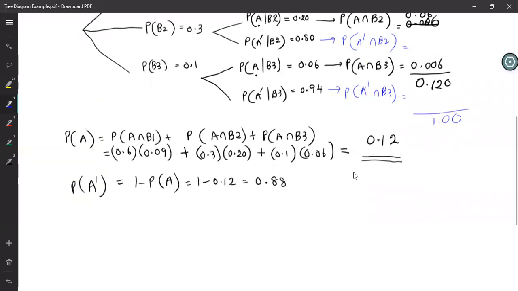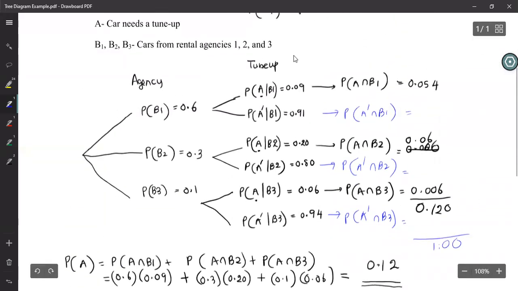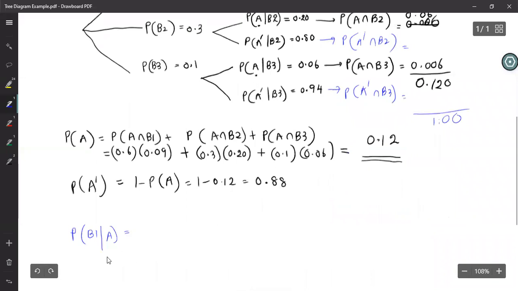But if you need the probability that the car came from the first agency given that it needed a tune-up, now that is the other way around. B1 given A. Do you see B1 given A in your diagram? No, what you have is A given B1. That is different.